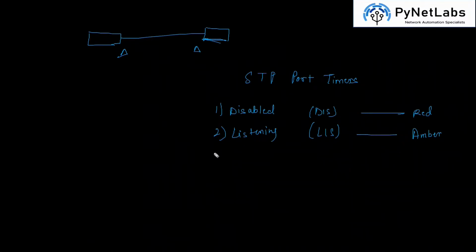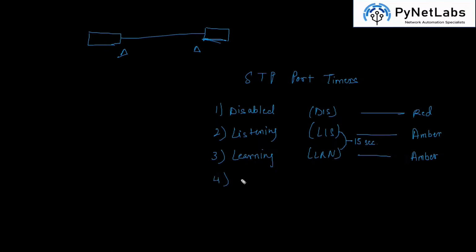Then after that, you move ahead and you get into the learning mode, and this time also you will observe an amber color. So it takes 15 seconds to make the port move from listening mode to the learning mode.